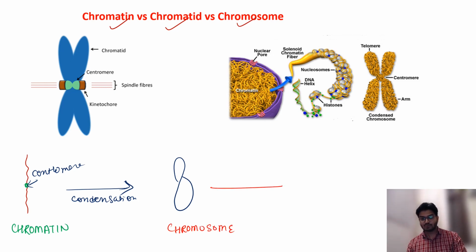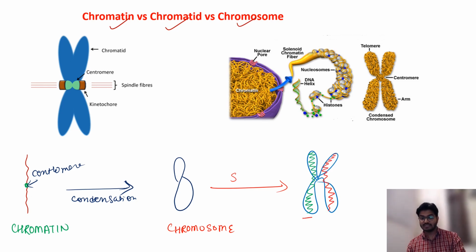After the S phase, where the DNA duplication is done, the chromosome looks something like this. Initially the DNA was this, but after the S phase the DNA is copied.